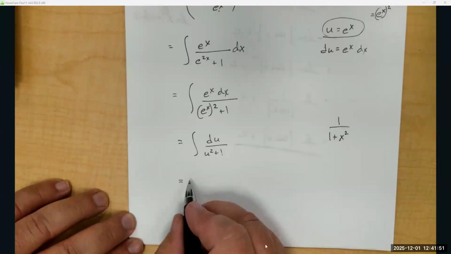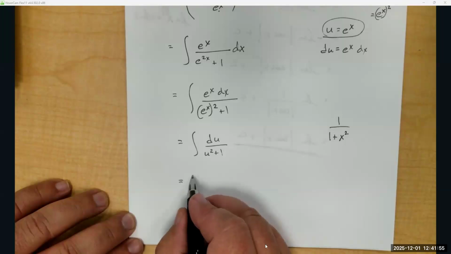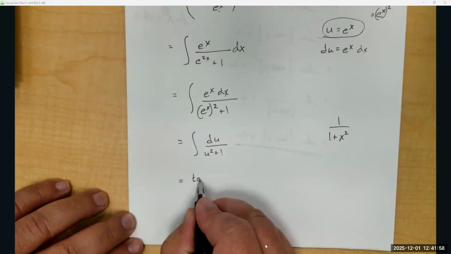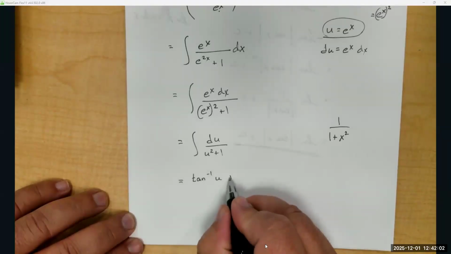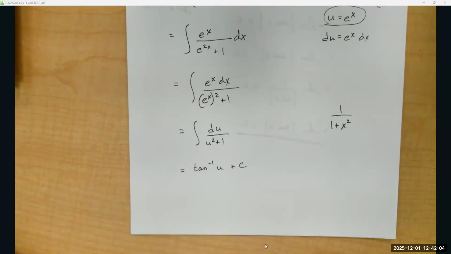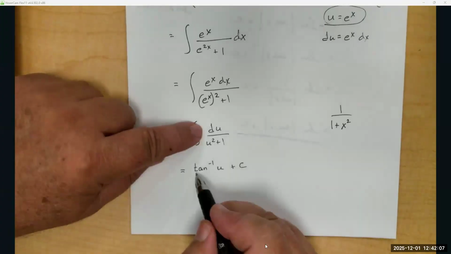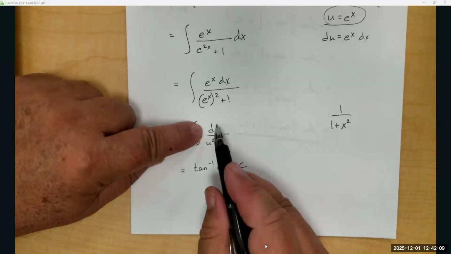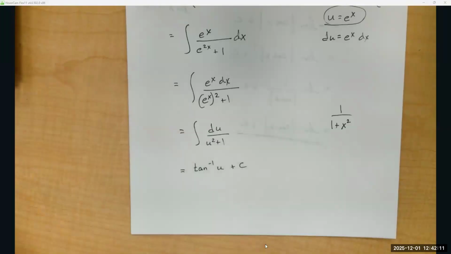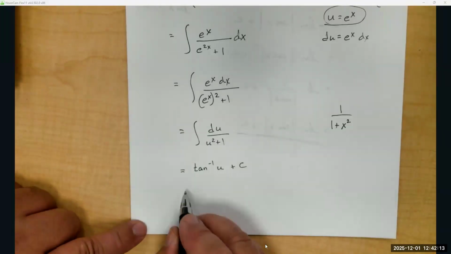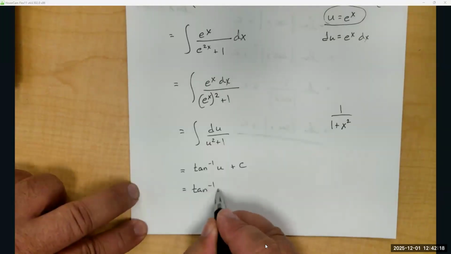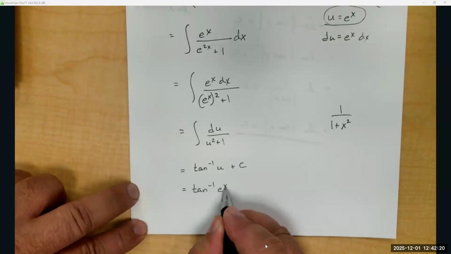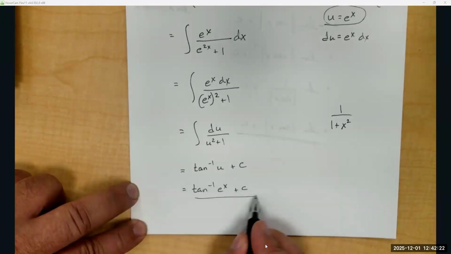Nope. Tangent. Because the derivative of inverse tangent u is du over u squared plus 1, or 1 plus u squared, which is inverse tangent of e to the power x plus c.